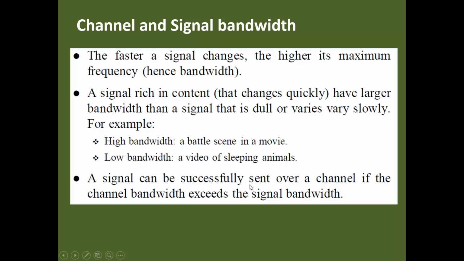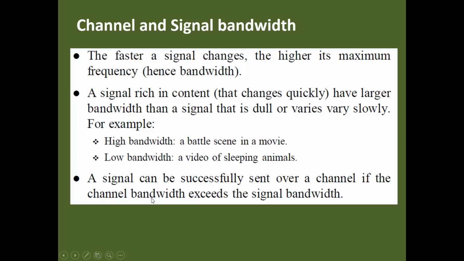A signal can be successfully sent over a channel if the channel bandwidth exceeds the signal bandwidth. This is very important. It has to be more than this. If the channel is not offering the requisite amount of bandwidth to the signal, then the channel will distort the signal to a great extent.